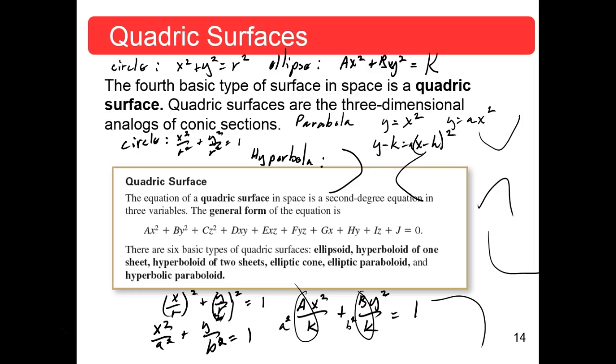But it's kind of like that. So this is what your hyperbola looks like. Now, what's the deal with that one? It's a lot like an ellipse, only it's x squared over a squared minus y squared over b squared is equal to 1. That makes a hyperbola.